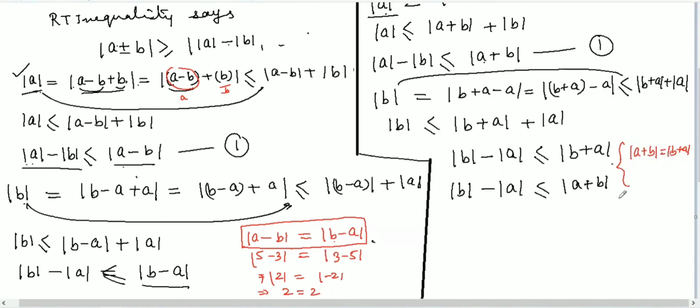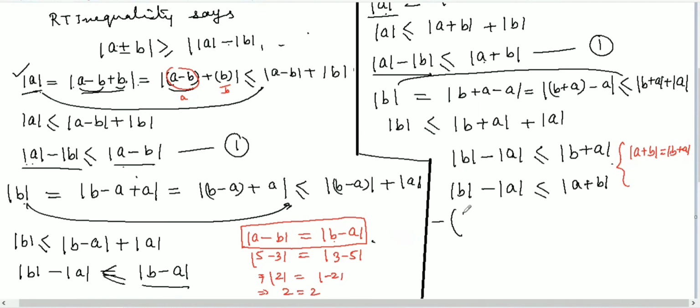But here you can see that in the first equation, you have the absolute value of A minus B. Okay, and here we have the absolute value of B minus A. So try to make it the absolute value of A minus B. For that, we need to take minus common.